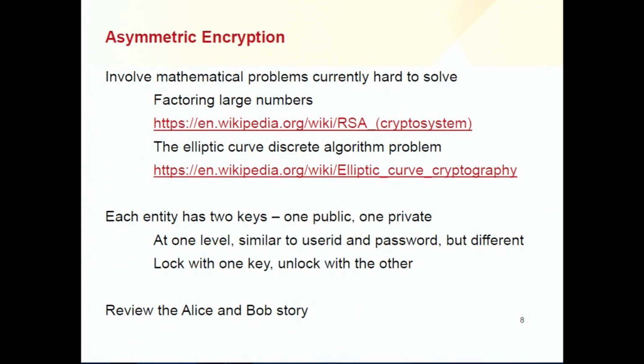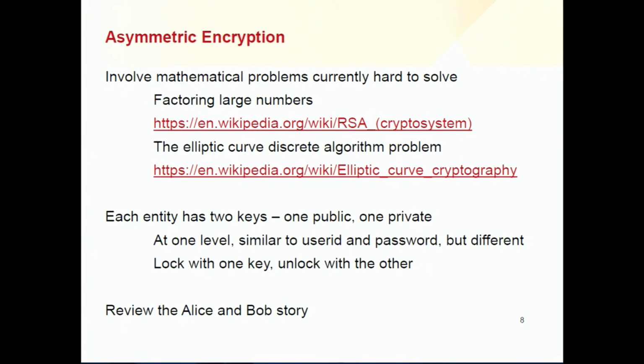There are two mathematical problems that are typically used in asymmetric encryption. One involves factoring large numbers, and that's what the RSA encryption algorithms are built around. The other concerns the elliptic curve discrete algorithm problem.